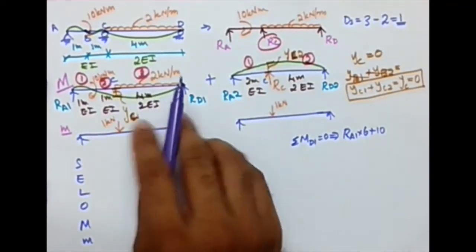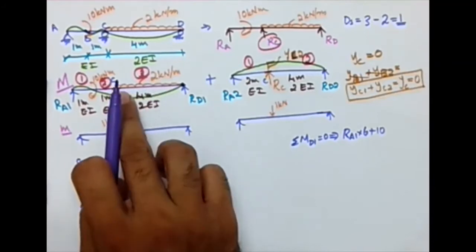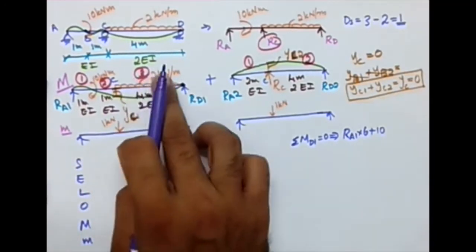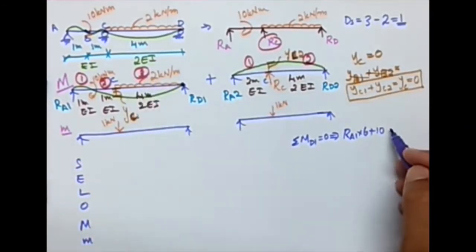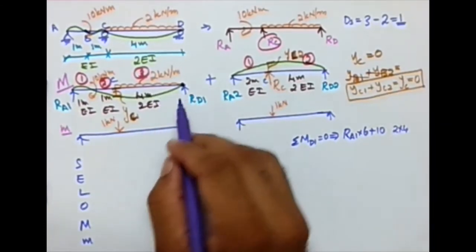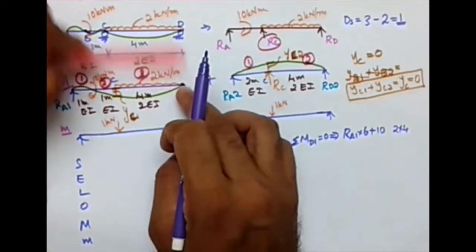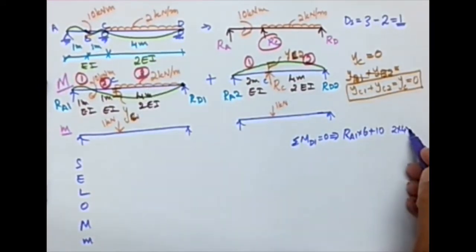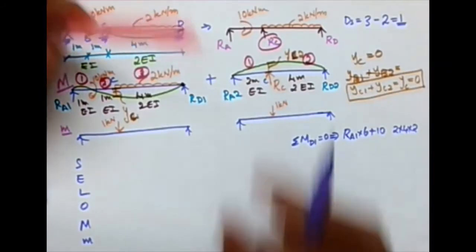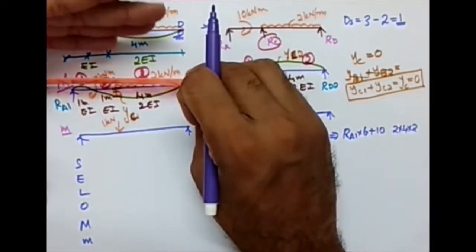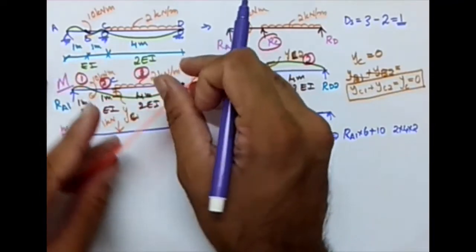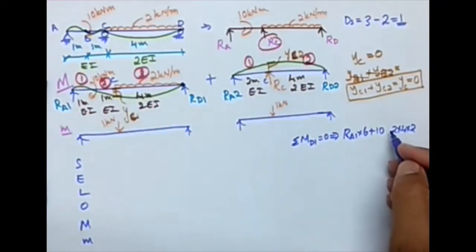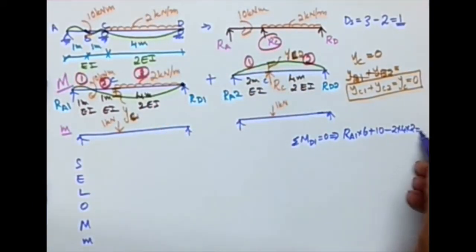Then the effect of this UDL: the magnitude is 2 times 4. What about the lever arm? I'm taking this as the point, so lever arm is half of it, which is at a distance of 2 meter, so times 2. Is it positive or negative? Here the load is like this, so it is anti-clockwise, which means minus, equal to 0.